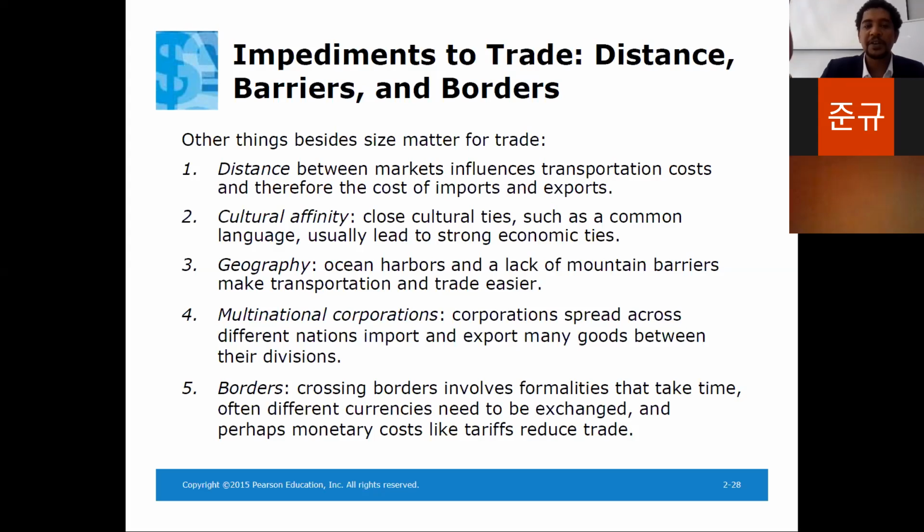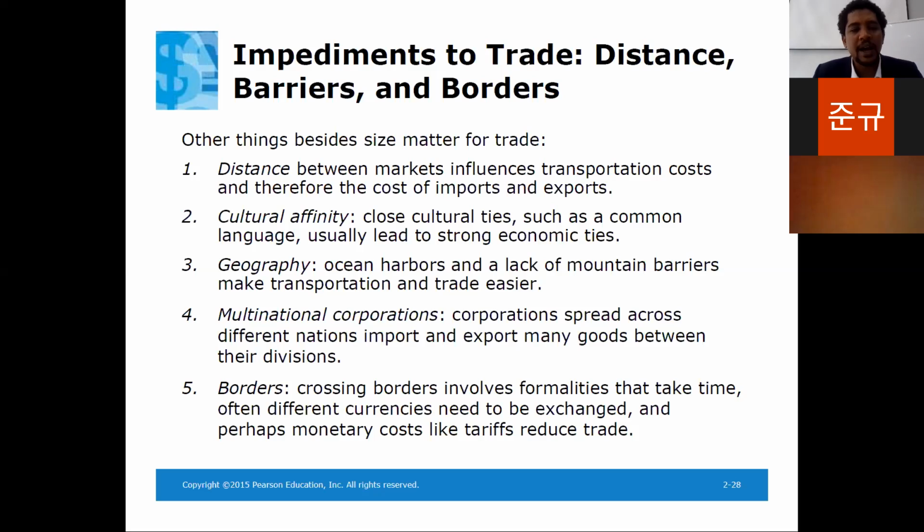Because Europe and Africa are very far, the transportation cost is high, so the price of these products will be high, and if the price is high, then these products might not compete very well in the market in Africa or in Europe, because there could be similar products that are exported to Europe or Africa from the closest countries, okay?